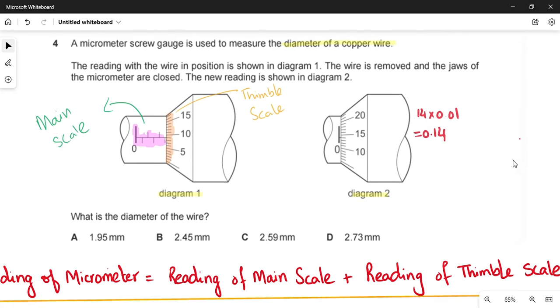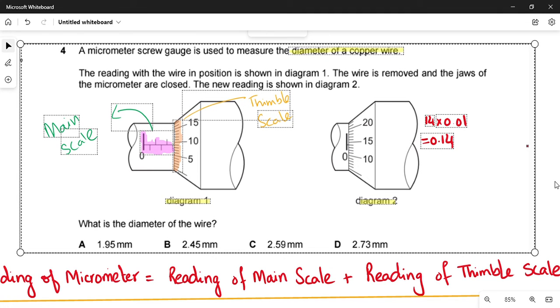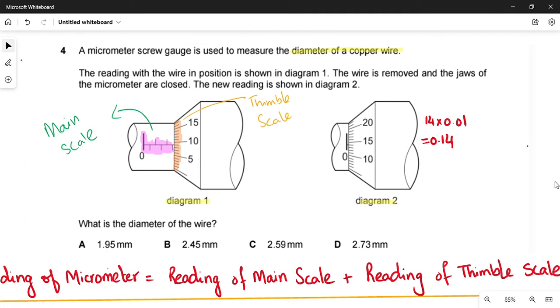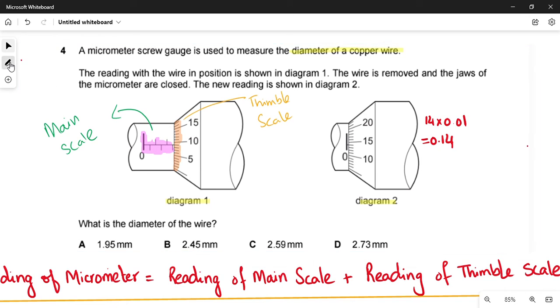So bringing this back, now can you figure out whether it has a negative zero error or a positive zero error? You know that this 14 line is coinciding above 0. How do you know that? This line is actually 0.